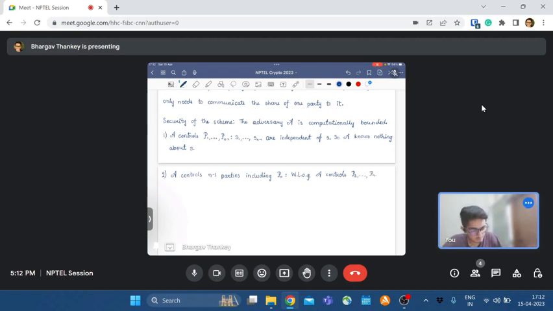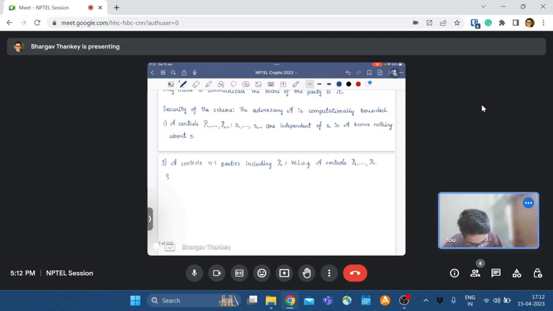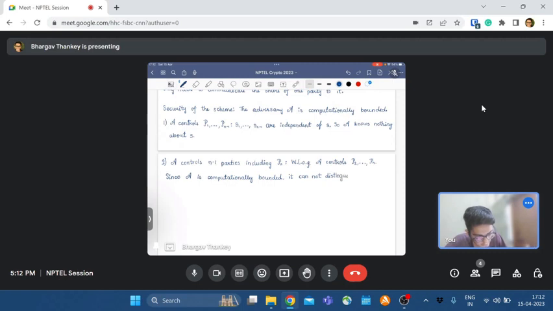Since A is computationally bounded, it cannot distinguish S1 equals F of K1 of 1 from a totally random string.